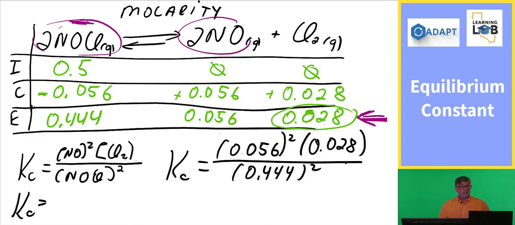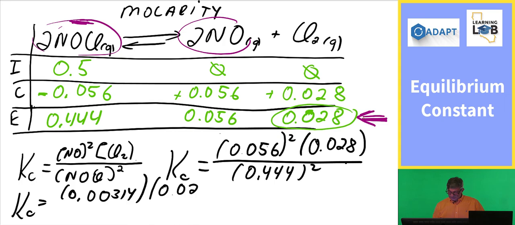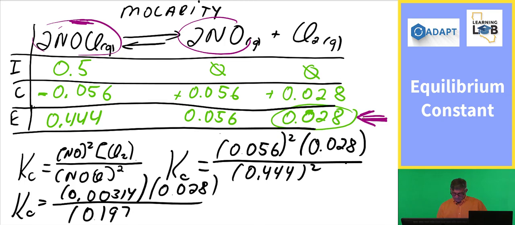Kc equals, let's do it stepwise, the square of 0.056 equals 0.00314, multiplied by 0.028, the value hasn't changed, divided by 0.444 squared, which is 0.197.